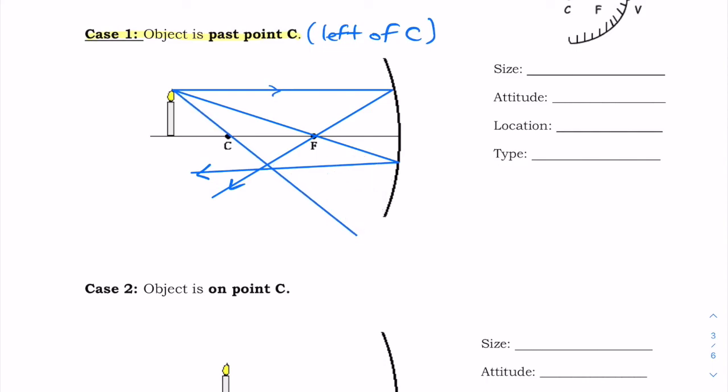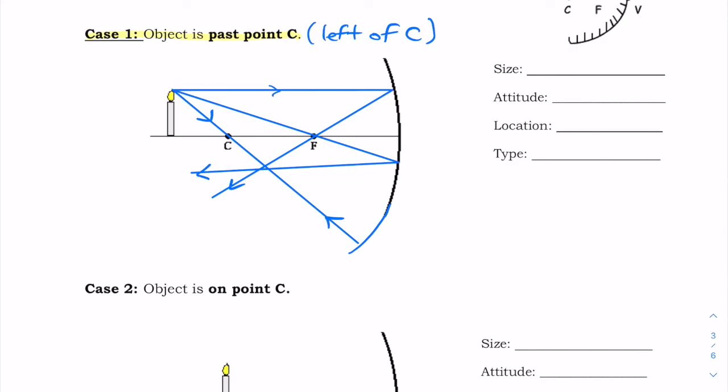It looks like we're going to have to extend our mirror a little bit. No big deal, just do so, please. So let me redraw that ray of light. Okay, and the fourth ray of light is one that hits the vertex.